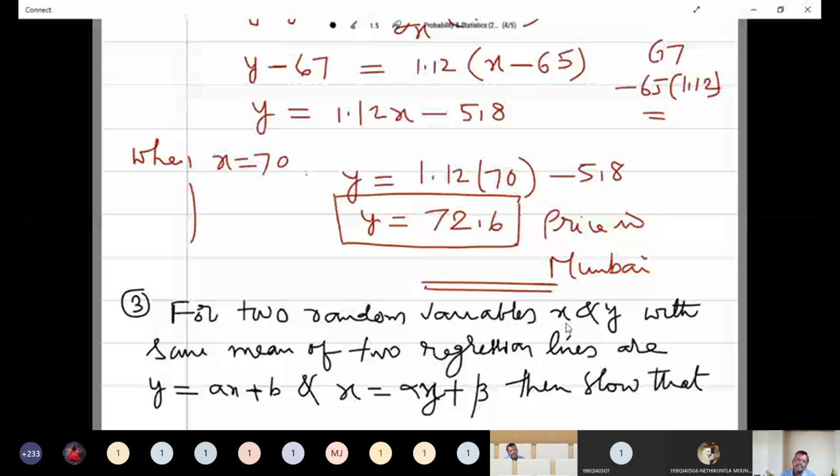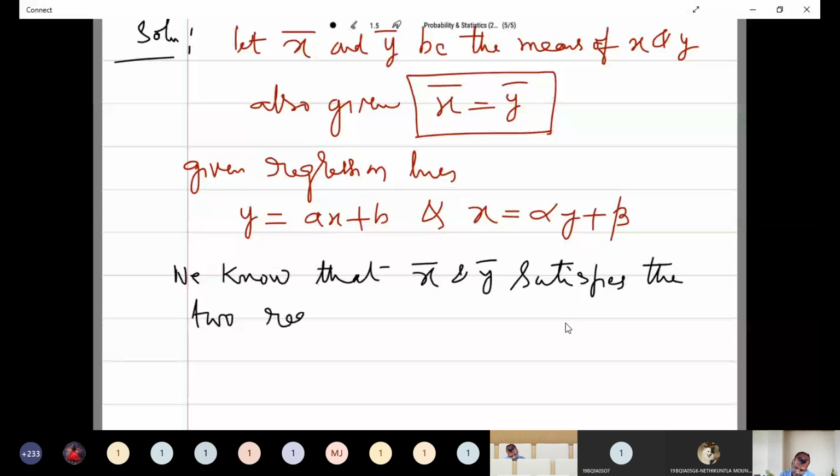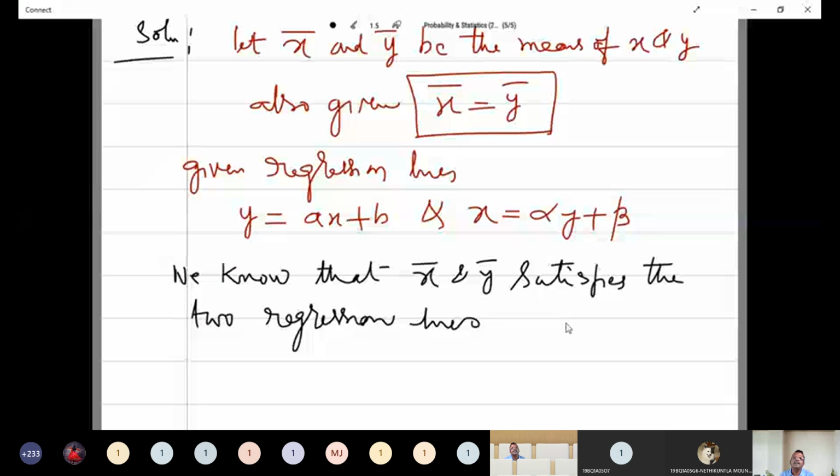That means these are the two regression lines, then the means must satisfy these two regression lines as the previous condition, right? Now we know that x bar and y bar satisfy the two regression lines.